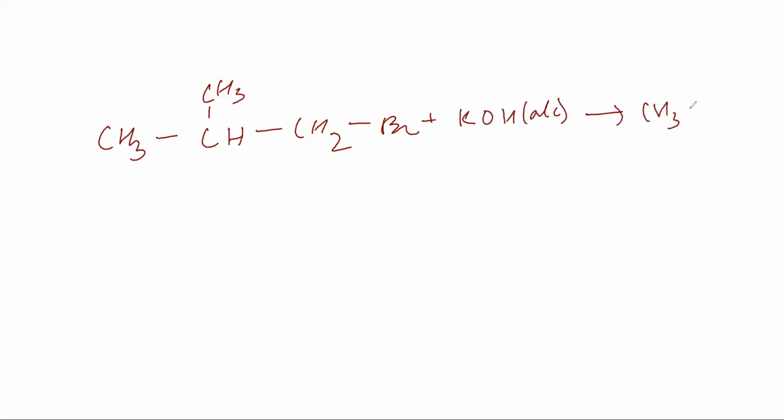So if I take this one as the isomer of the compound, in this case I think we can go for the final product. This one, if I treat with KOH, then I get the product (CH3)2C=CH2.